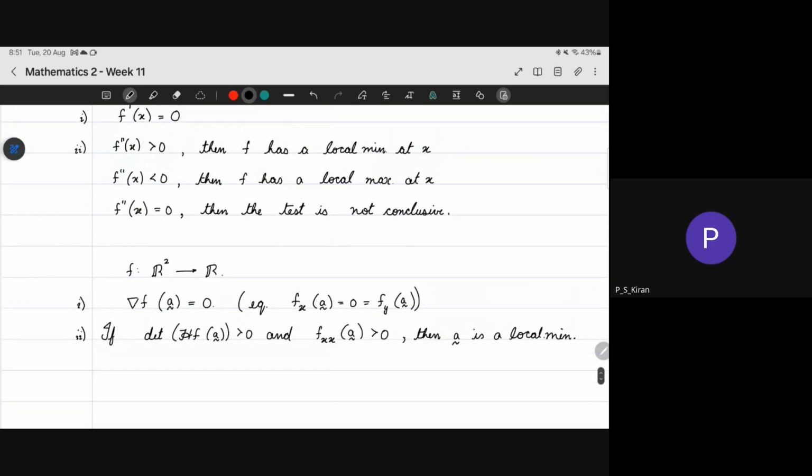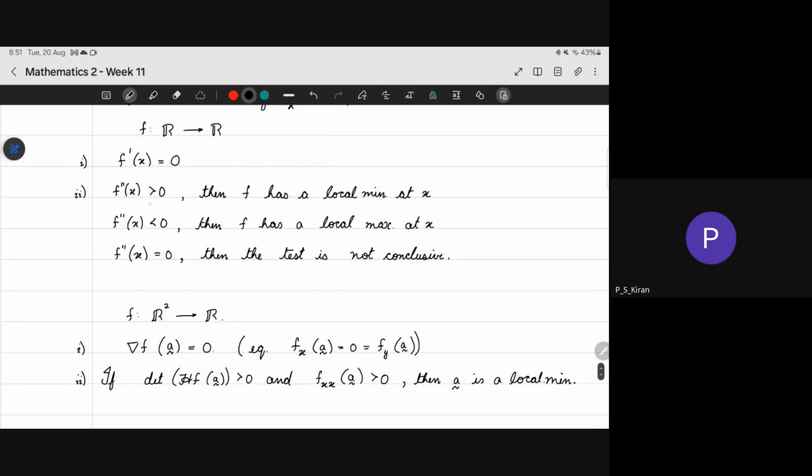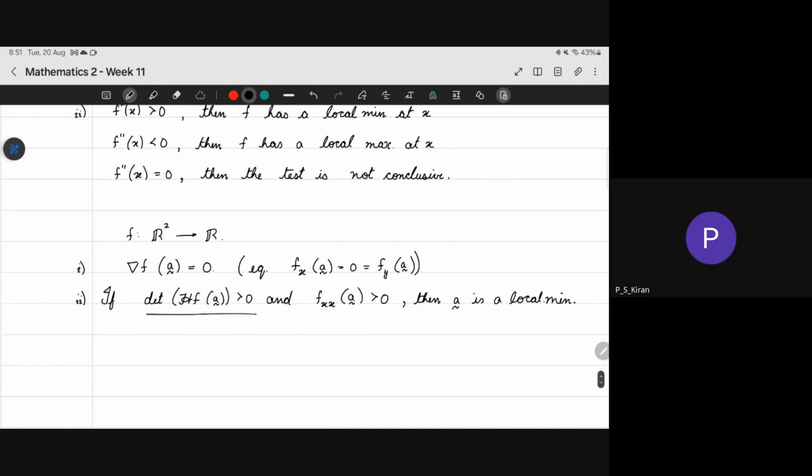So for the local minimum, over here you had positivity of the second order derivative. But here the determinant has to be positive and the first entry, the XX entry, has to be positive. In that case, you will have a local minimum.